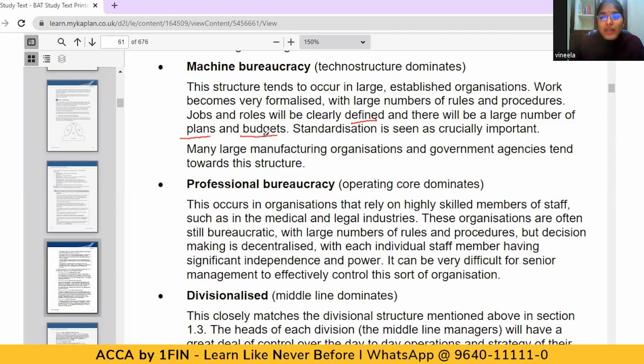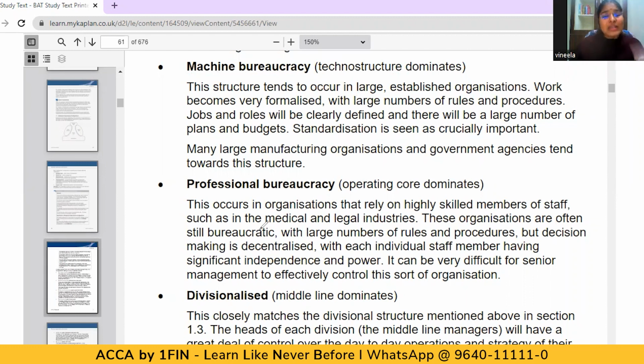They are the people who are providing guidelines, so they will make sure there's a proper plan and budget in the organization. That's why we'll call it standardization. A standardized structure you will find in this type of organization. Mostly you'll see it in government organizations or government agencies and some types of manufacturing organizations. That's why, if you remember, in India we call government organizations bureaucratic organizations. That is the reason behind it, because they follow a huge number of rules and procedures.